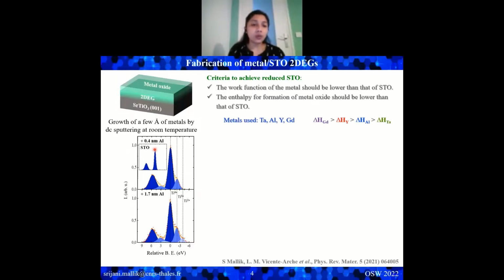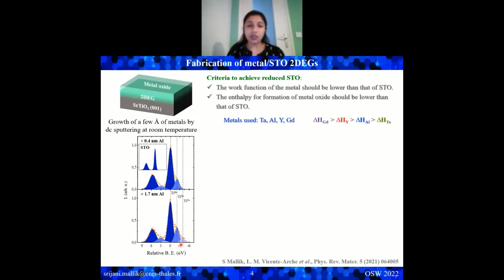Then we deposited 4 angstrom of aluminium, and immediately we can see the evolution of the titanium 3+ peak, telling that oxygen vacancies are created. As we increase the thickness of aluminium, the intensity of the titanium 3+ peak increases, as well as a titanium 2+ peak arises. This means more and more oxygen vacancies are created in the substrate.